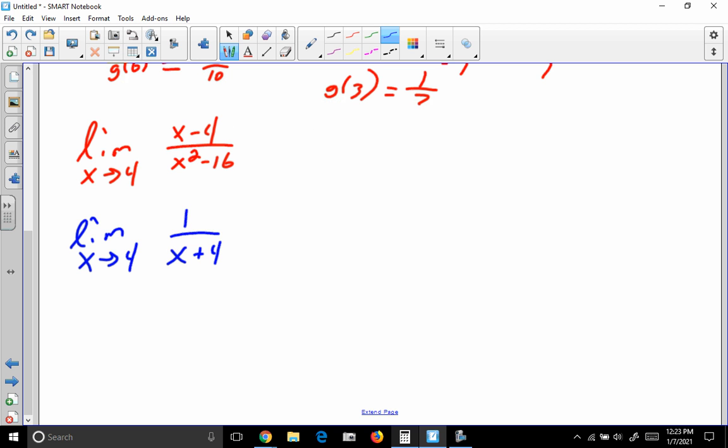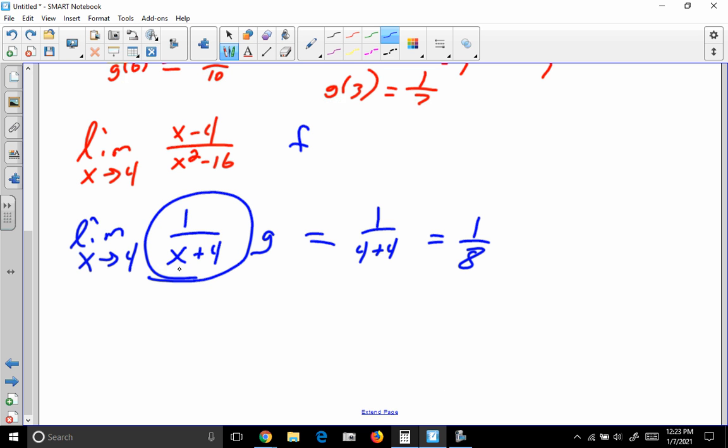So this is f, this is g. So g, if we directly substitute a 4 in, we get 1 over 4 plus 4, which is 1 over 8. So for this function, by direct substitution, if x gets close to 4, our function gets close to 1 over 8.